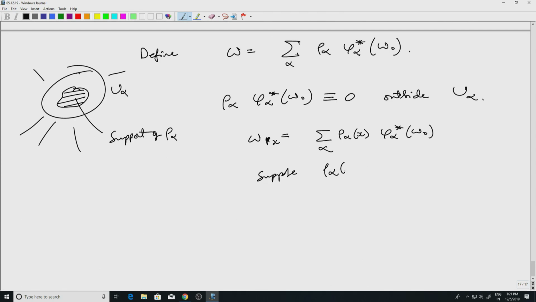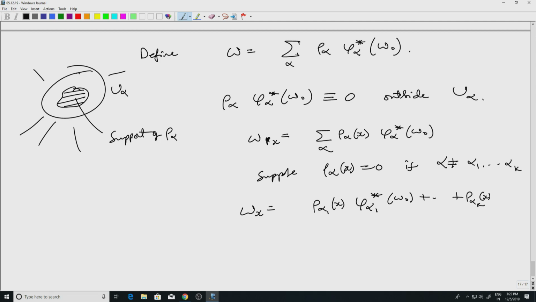Suppose rho alpha x is equal to 0 if alpha is not one of these finitely many indices. Then omega x will be rho alpha 1 x phi alpha 1 star omega naught, and so on, up to phi alpha k star omega naught.